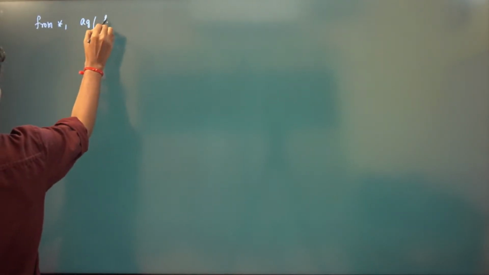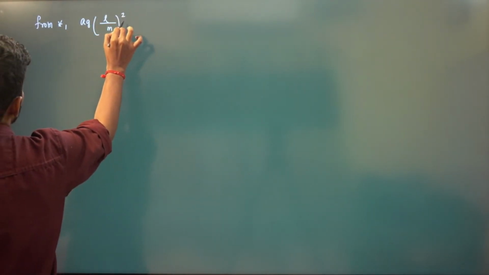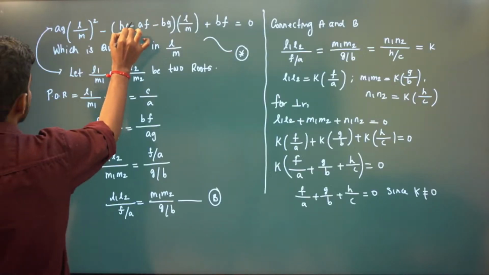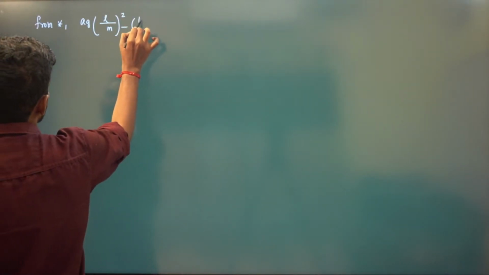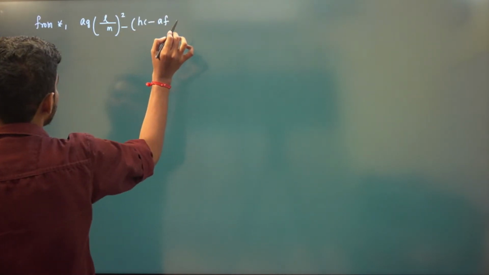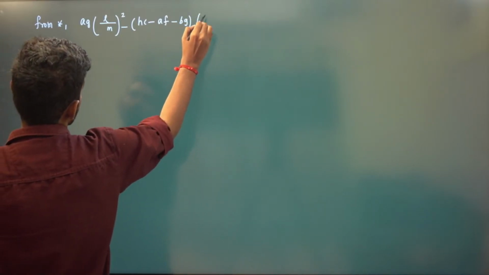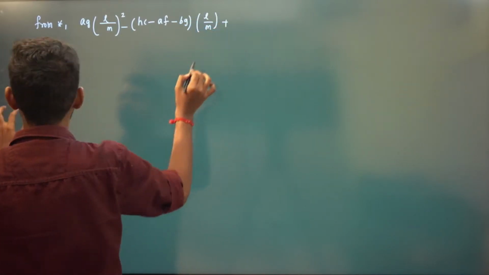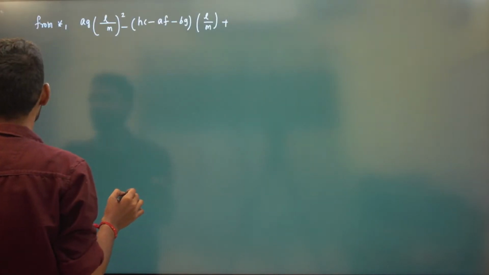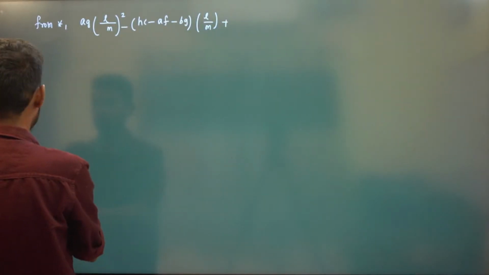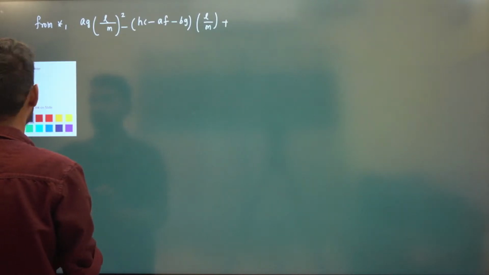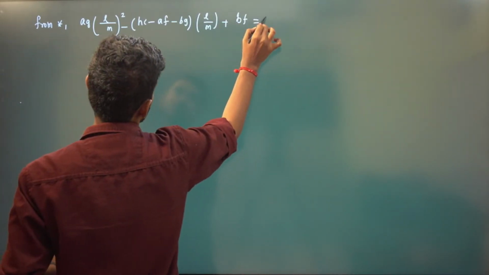So from star we have ag times (L by m) whole square minus (hc minus af minus bg) times L by m plus bf is equal to 0, right?